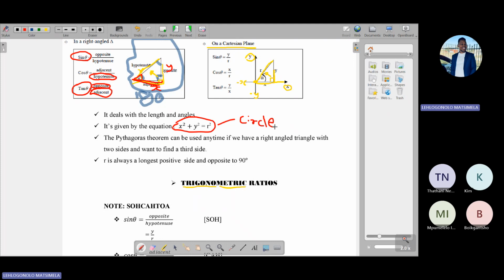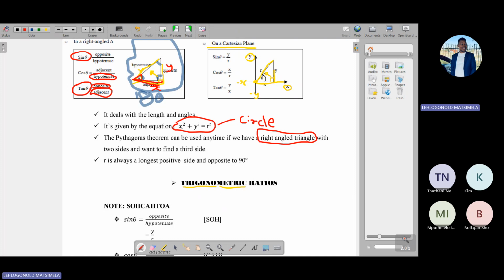Therefore, going further, they said the Pythagorean theorem can be used anytime we have a right angle triangle. The keyword here is that we only use the theorem of Pythagoras if we have a right angle triangle, where we have two sides and want to find the third side.